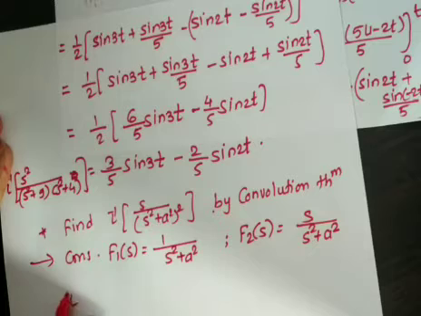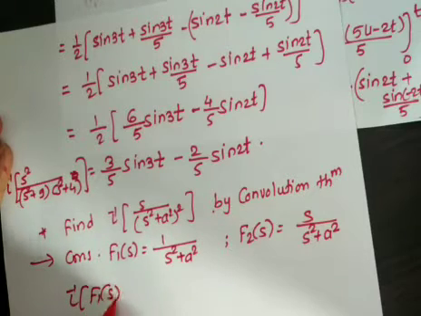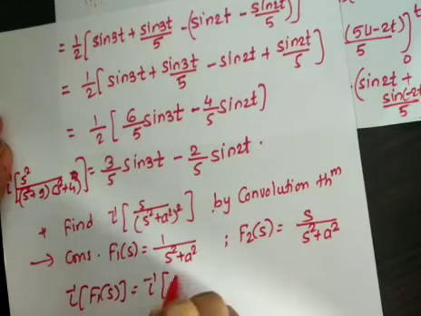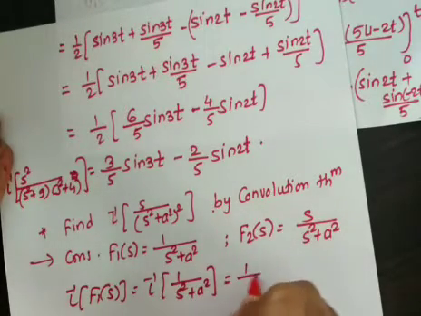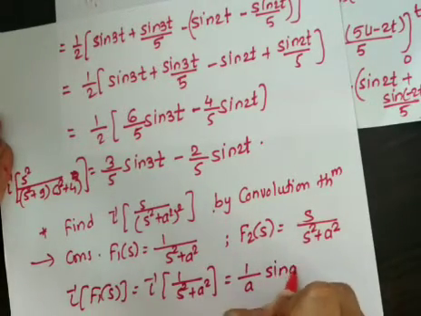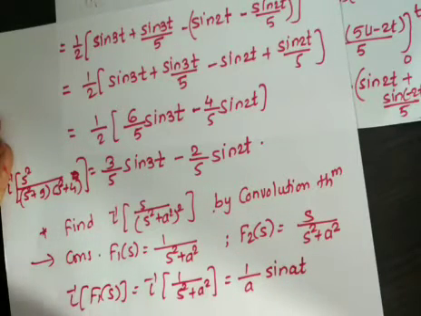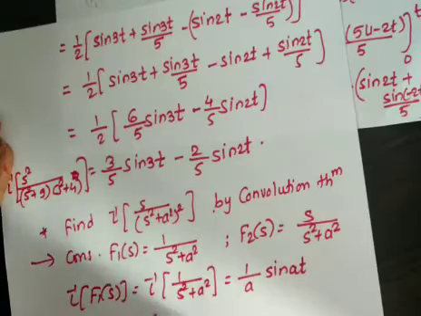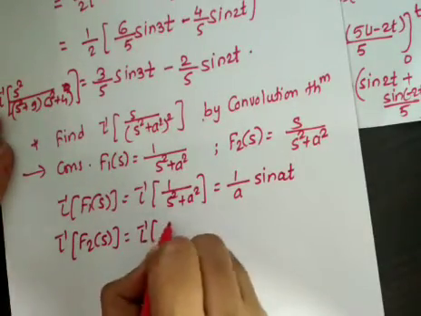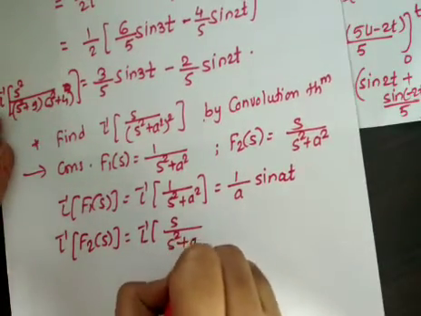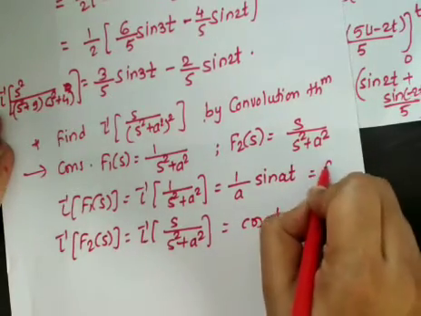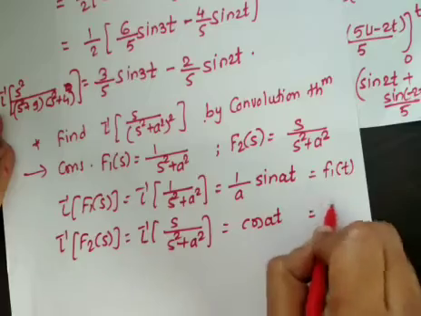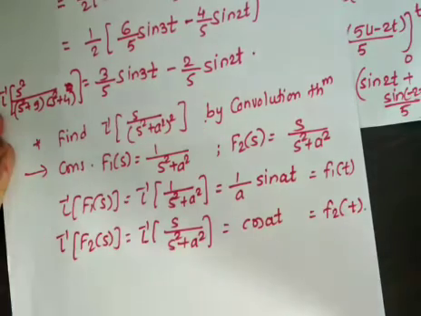Therefore Laplace inverse of f1(s), that is Laplace inverse of 1 upon s square plus a square, is nothing but 1 upon a sin at. And the second, Laplace inverse of f2(s), that is Laplace inverse of s upon s square plus a square, is cos at. We will call the first function f1(t) and this is your f2(t).